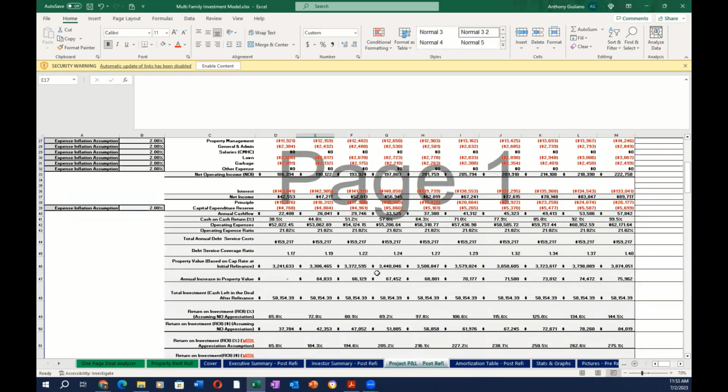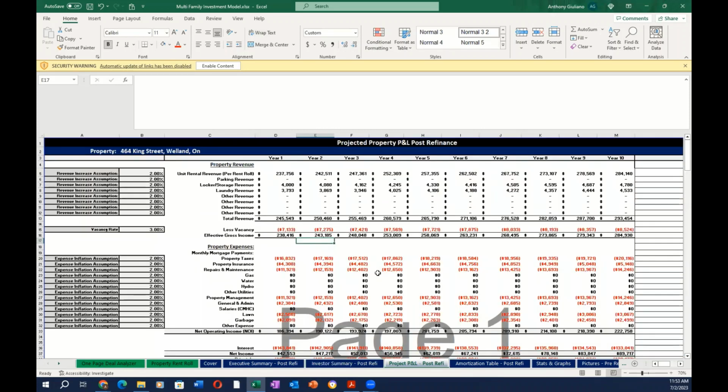It will also show you your 10-year projected profit and loss statement. So here, to caveat the P&L, this is your profit and loss statement post refinance. And it's also showing you your assumptions in terms of revenue and expense inflation assumptions here.